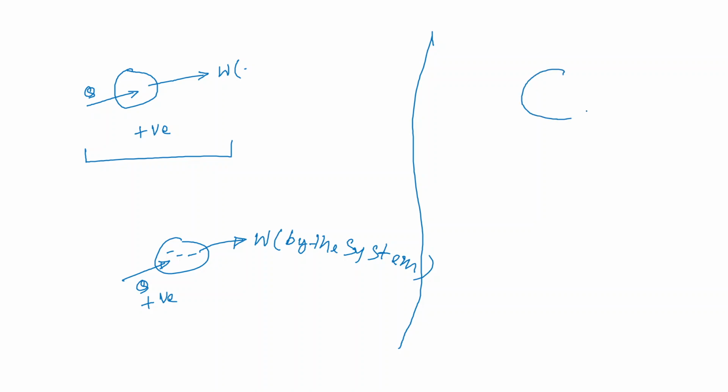The next example is where I am giving some work to the system and getting some heat, like hydrogen compression. As I am giving work to the system, you can say it is minus delta V. You have to understand the basic things.